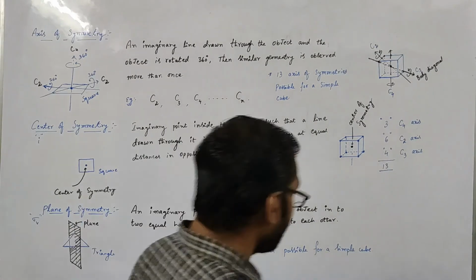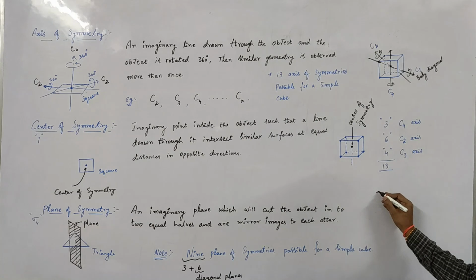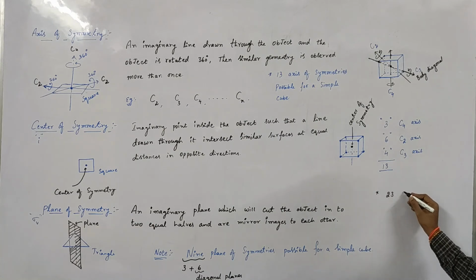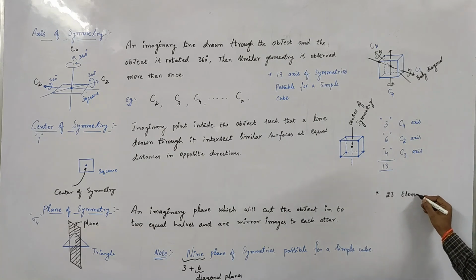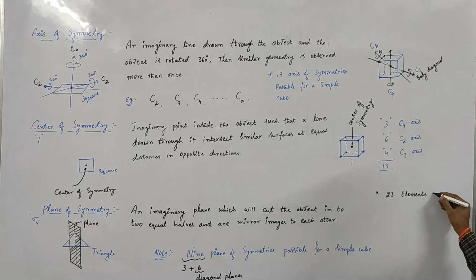So in total, 23 elements of symmetry are possible for a simple cube.